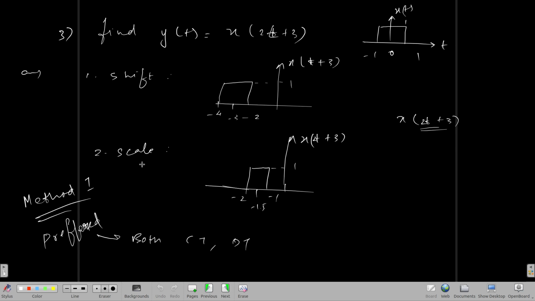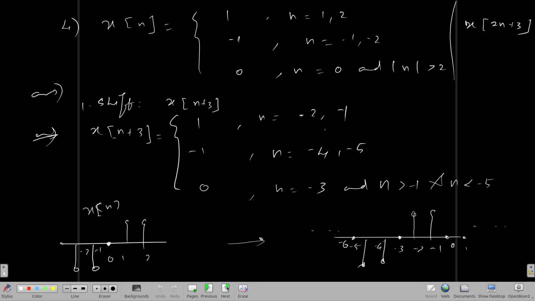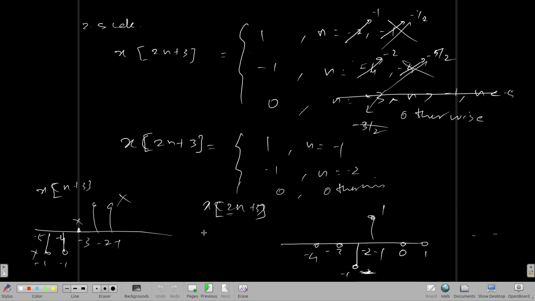First you shift, then you scale. That is the preferred method if you want to do for both continuous time and discrete time. If you want, you can do scaling and shifting, but you should be careful when you are giving the shift value. For discrete time, there is only one method, which is shift first and then scale.